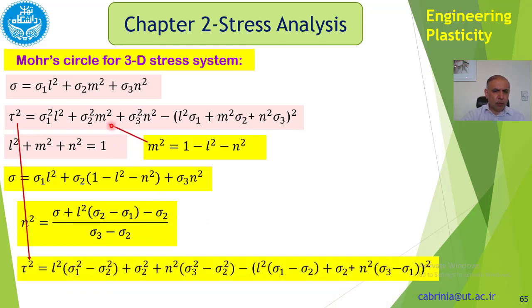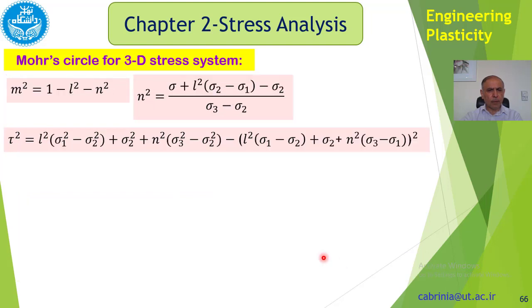Okay, so I could also substitute for M squared here, so that I get tau squared equal to, instead of that, I put 1 minus L squared minus N squared. If I rearrange these, I will get this equation. You can see in this equation, I've got L squared and N squared, so I've got these equations now.